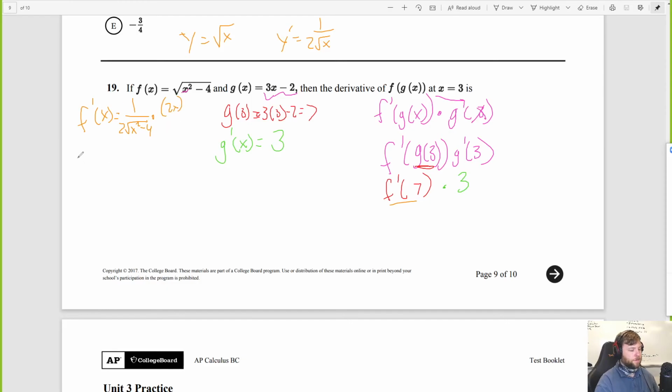Plug in that 7. F prime of 7. I get 2 times 7 on top, so 14. Yeah, I could have reduced. I'm not doing it. 2 times the square root of 49 minus 4. That's going to be 14 over 2 times the square root of 45.